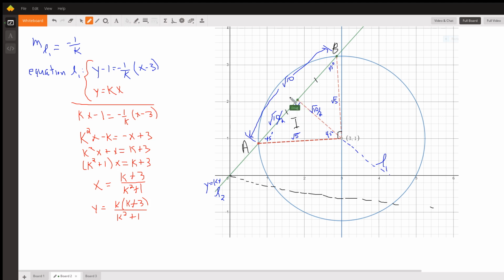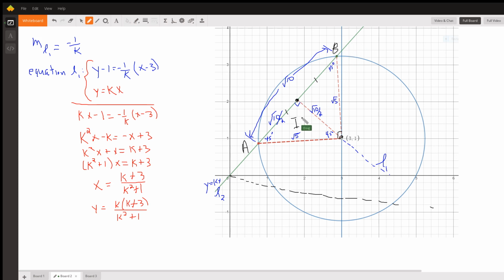And I decided if I could find this point of intersection in terms of k, that I could write an equation that said the distance from this point to the center of the circle would equal radical 10 divided by 2. So how do I find this point of intersection in terms of k?